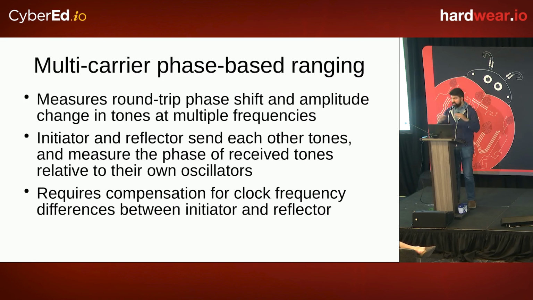And then they exchange the measured phases and signal amplitudes at both ends. And from that, you can determine the round trip change in signal phase and amplitude. And if you do this across a bunch of frequencies, you can also build a frequency response for the channel.